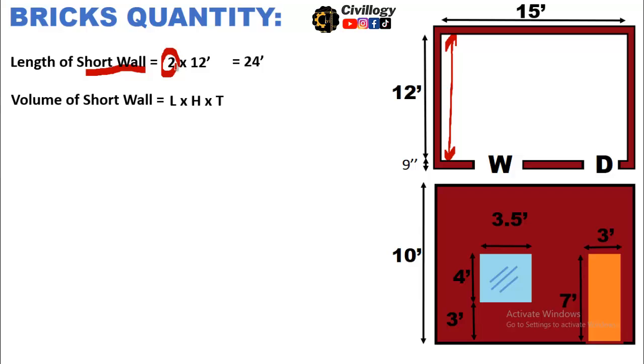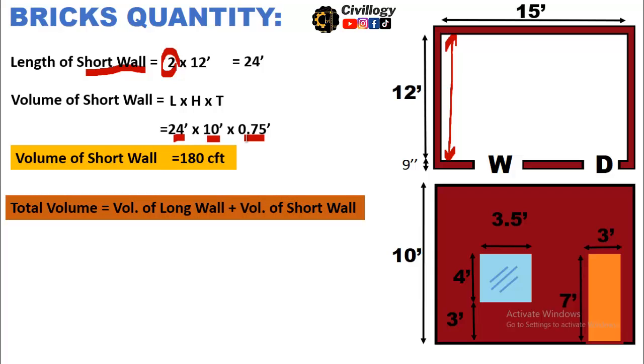The volume will be, similarly to what we calculated for the long wall, length multiplied by height multiplied by thickness. As the length is 24 feet, the height of the room is 10 feet and the thickness of the wall is 0.75 feet, we will get 180 cubic feet volume for the short walls. As there are no windows and doors provided in the short wall, there will be no deduction in the short wall.